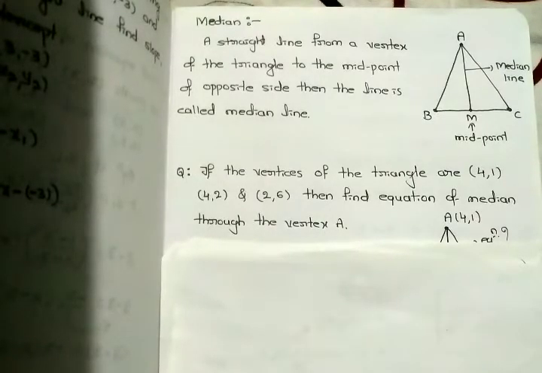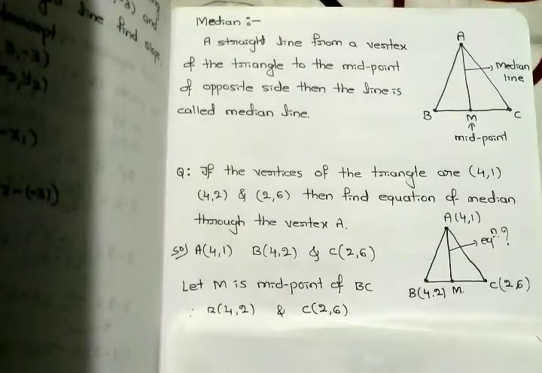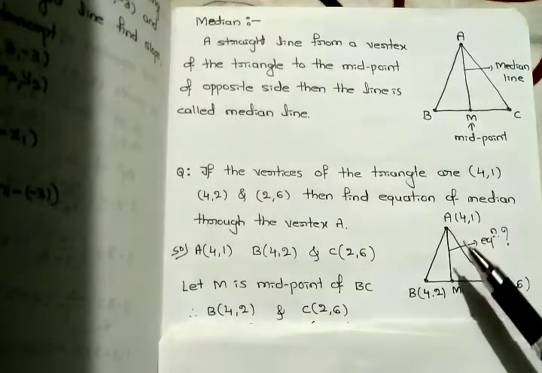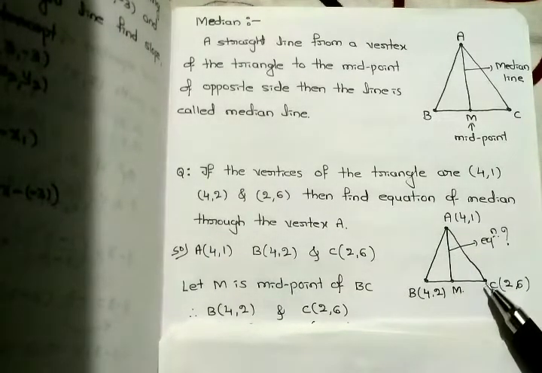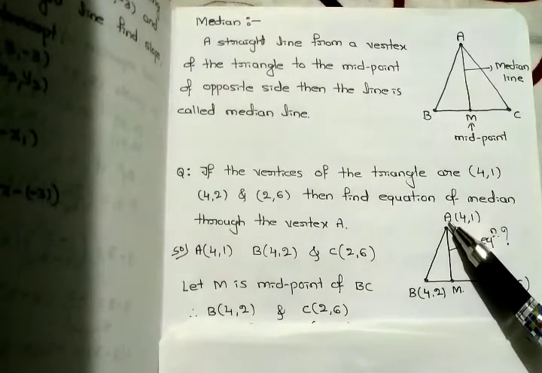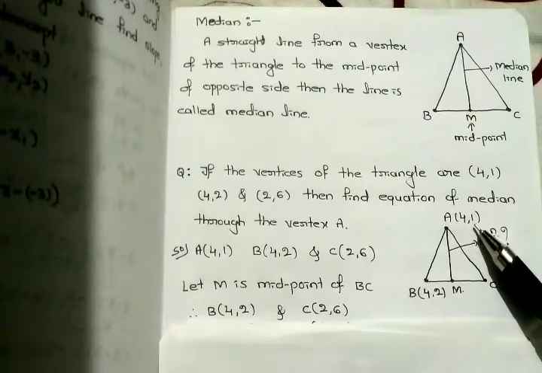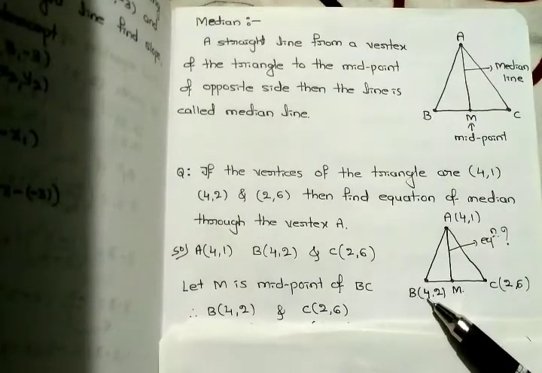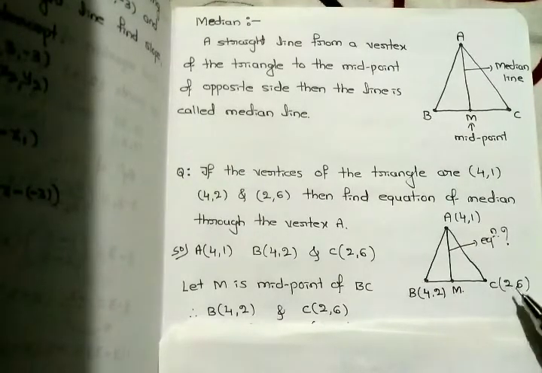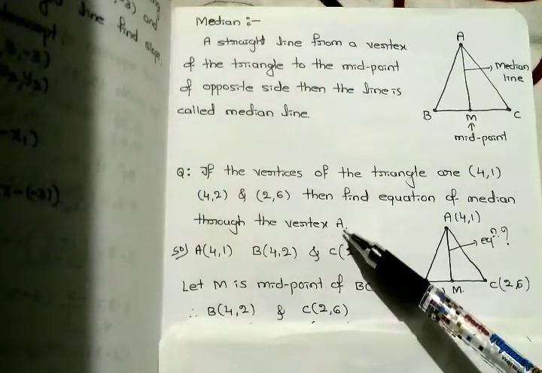Therefore, see here, I am going to consider one triangle. Here this first point I am going to consider as A (4, 1), second point B (4, 2), third point C (2, 6). Through the vertex A it is given.